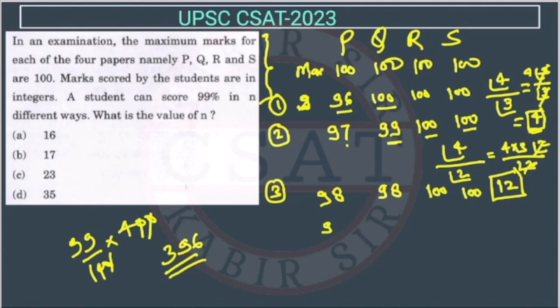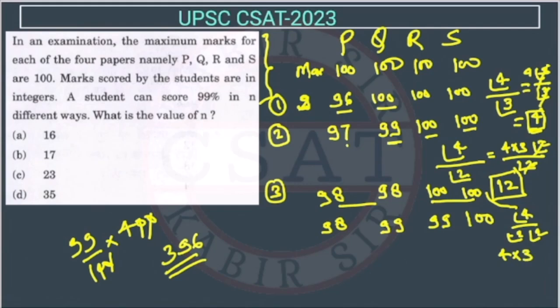There is one more possibility, that he is getting 98 and 99, and we are deducting 1 from this, so this will be 99, and 100. In this case, the total possibilities will be factorial 4 upon factorial 2 and factorial 2, because two are similar and two are similar. So this will be 4 into 3, and factorial 2 we will solve, so this is 6 ways, right?